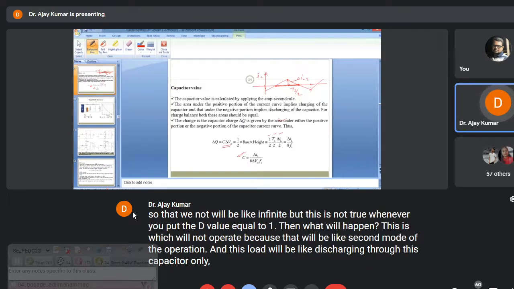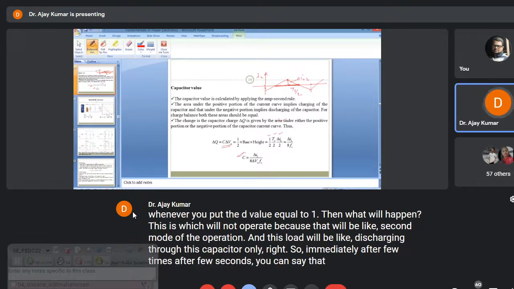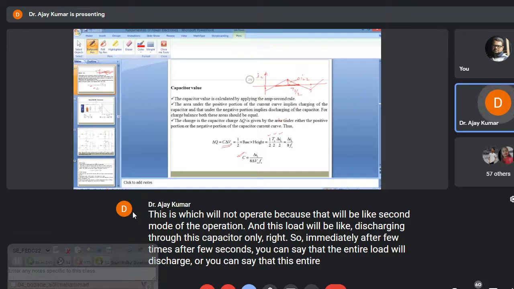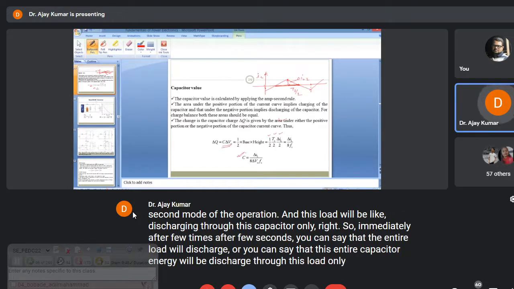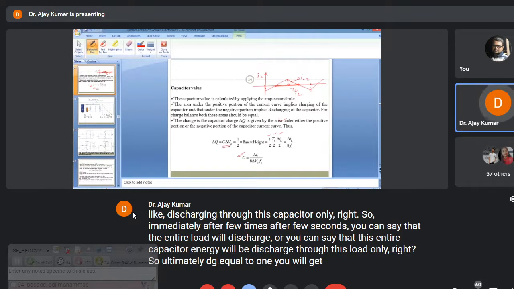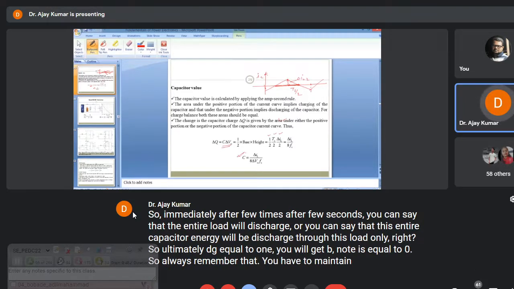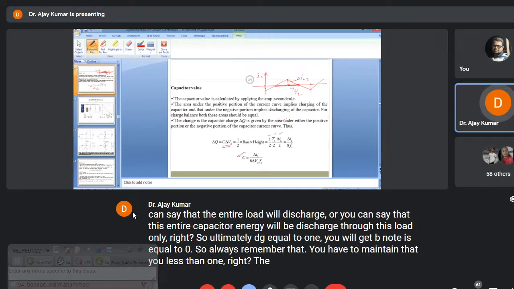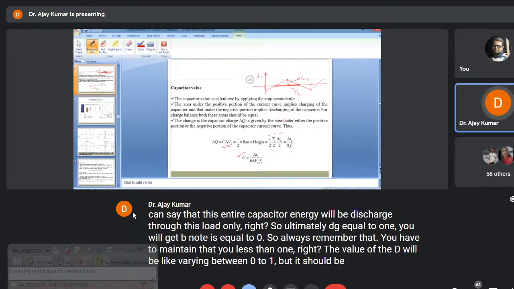So after a few seconds, the entire capacitor energy will be discharged through the load only. So ultimately at D equal to 1, you will get V naught equal to 0. So always remember that you have to maintain the D value less than 1. The value of D varies between 0 and 1, but it should be less than 1, not equal to 1, correct?